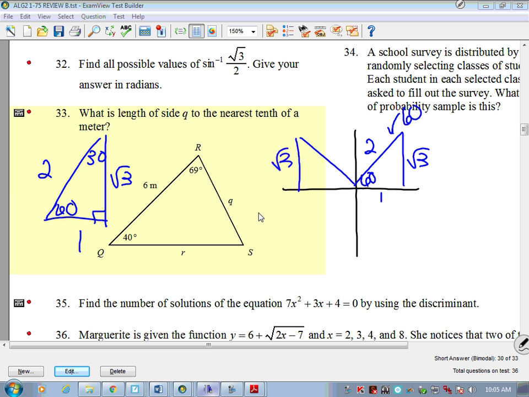Would this still be a positive radical 3? Right, because it's above the x-axis, it's representing vertical. If I dropped it down here, it would be negative radical 3. So do we see how it works in quadrant 2?